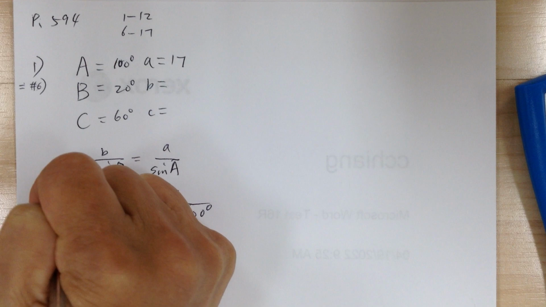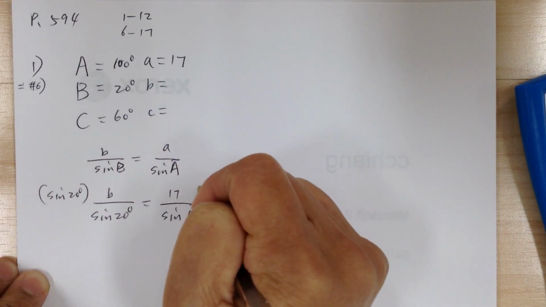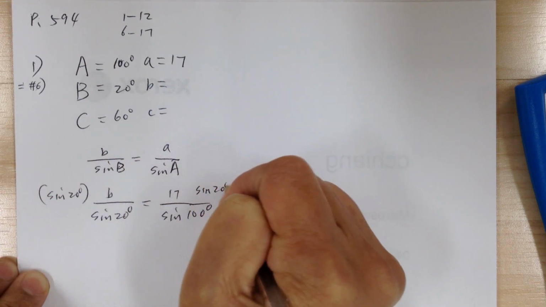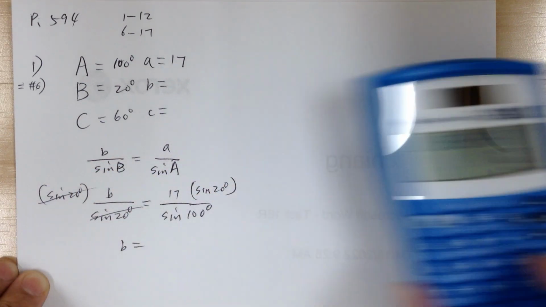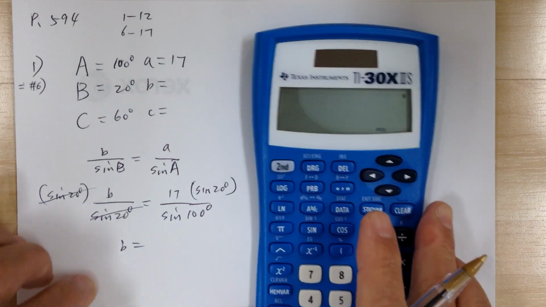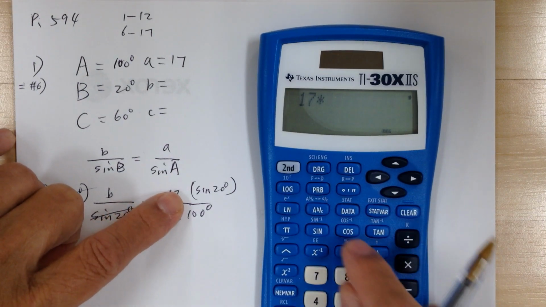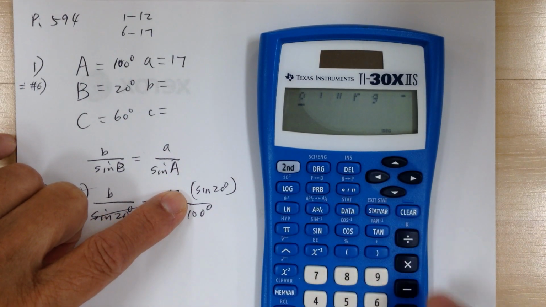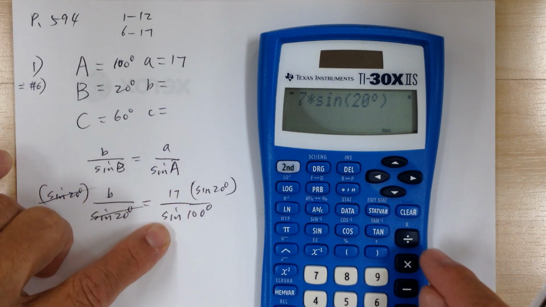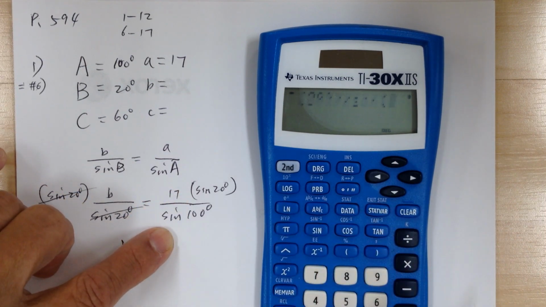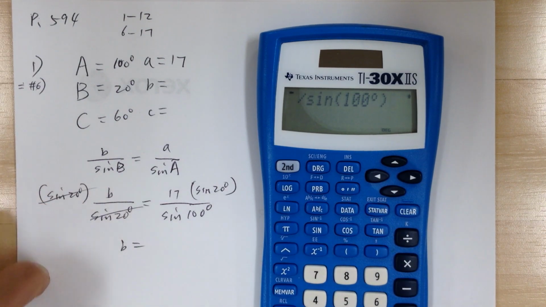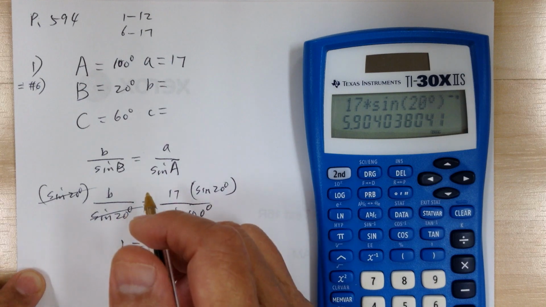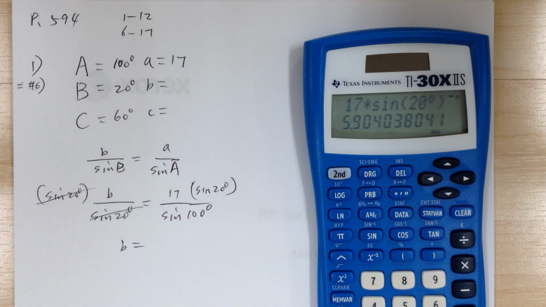Multiply by sine of 20 degrees on each side, so this cancels out. B equals 17 times sine of 20 degrees divided by sine of 100 degrees, which is 5.9.